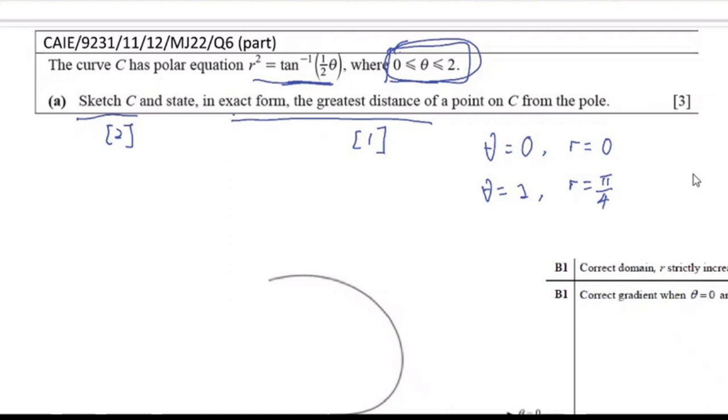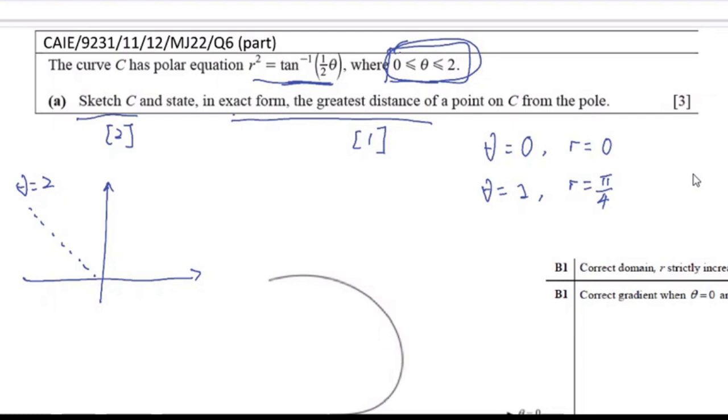As we do the sketching, draw a line to indicate that theta is 2. So theta equals 2 is somewhere in the second quadrant. If you want to be more precise, you can change that to degrees to see roughly what the angle is, but they are not really looking at that detail. As long as we have theta equals 2 marked here, to remind us not to go over that theta.